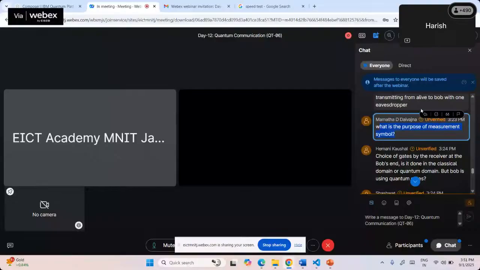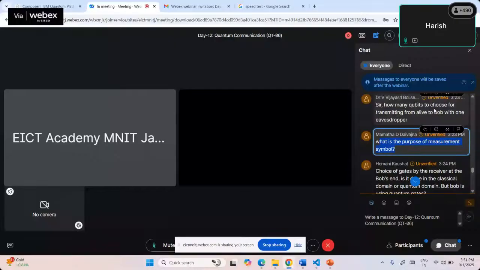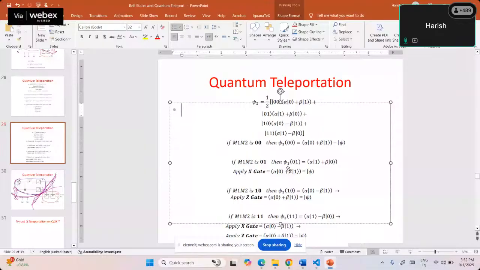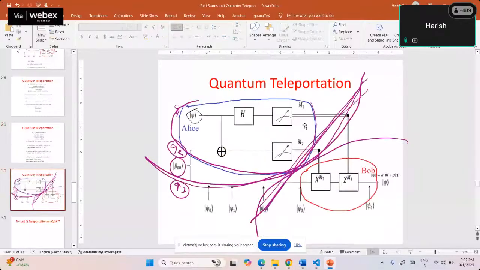How many qubits to choose for transmitting from Alice to Bob with one eavesdropper? So here what we are assuming is that there is no eavesdropper. Eavesdroppers can be in between, but this part is with Alice, Alice's private place, and Alice knows this M1 and M2.